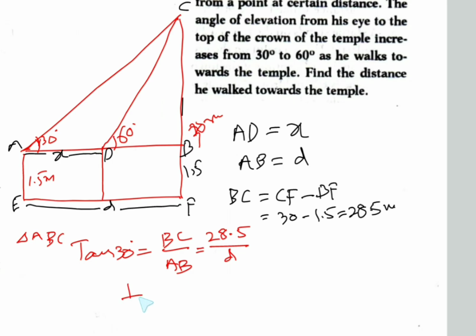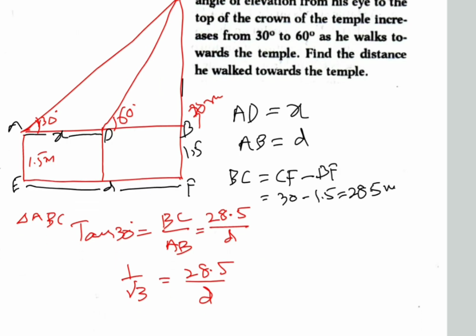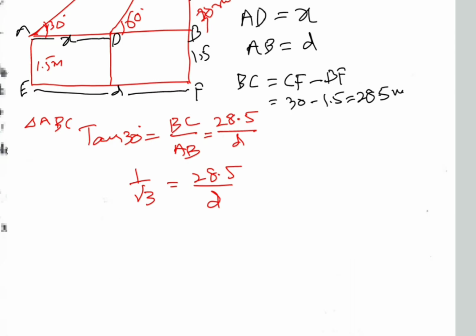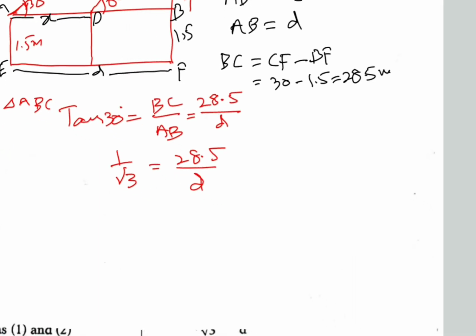Tan 30 is 1 by root 3, equal to 28.5 by d. Then cross multiplying, d is equal to 28.5 root 3. So equation number 1.